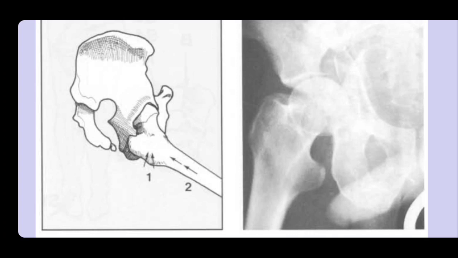Usually a Schanz screw is inserted into the femoral neck, and a weight is applied. So in many cases, by means of the skeletal traction, we can reduce the head into its position.